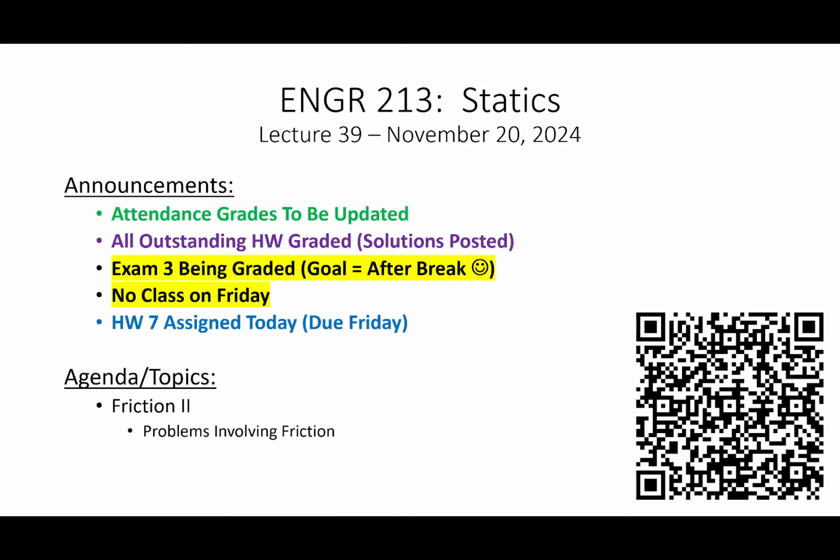I'm a vegetarian, so I get it. But whatever makes sense for you. But I want this class to be not a big deal. We do not have class on Friday.